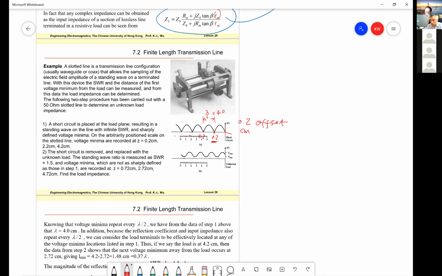So that means that Z prime is started at 0.2. From this location, we have 0.2, so we have to offset 0.2, right?